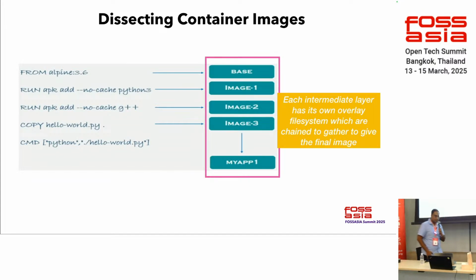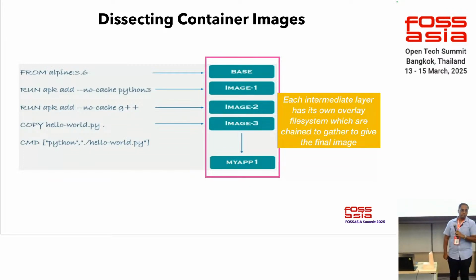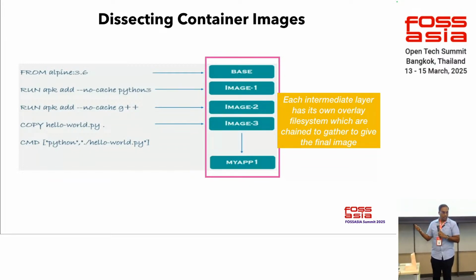So maybe I can optimize, like I don't run two commands. I can run apk add, let's say Python and C++, in one command. Yeah, now that line is going to be one image, and the second one won't be there. Instead of having two images, if I run two commands at the same time, then I have one image. Is that right?